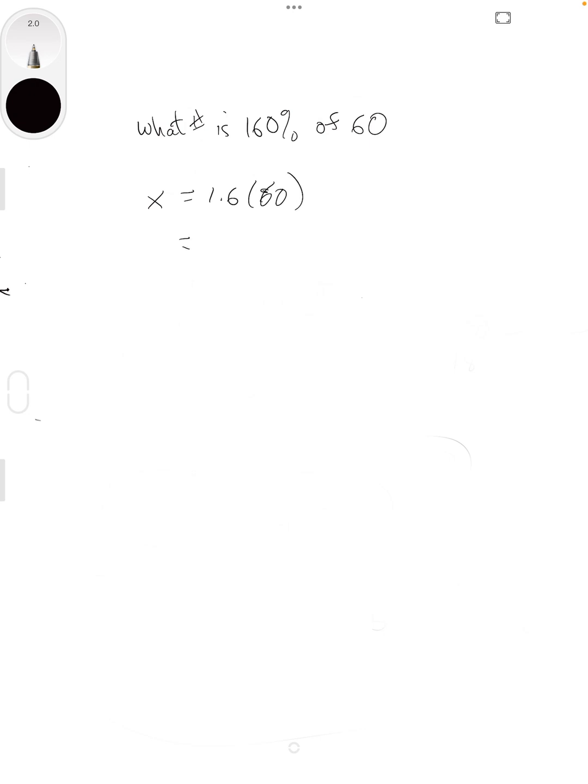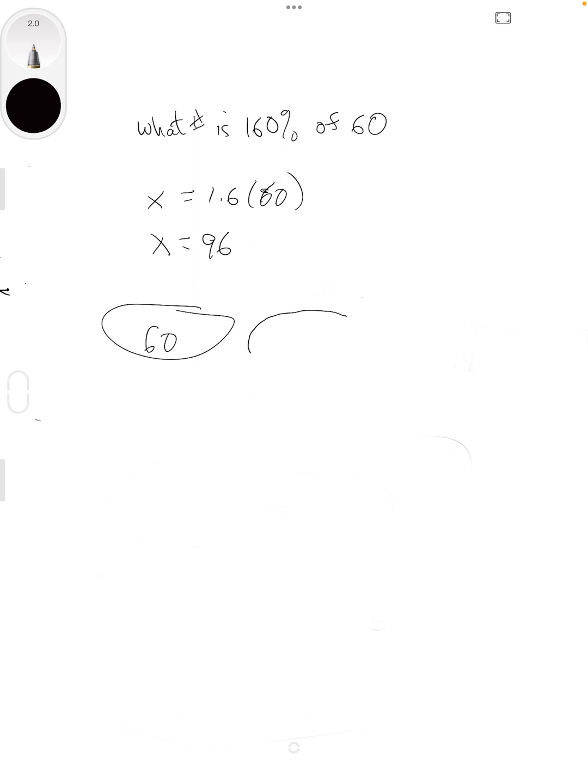So you just do the math, and you say 1.6 times 60 equals 96. Okay, and use your calculator. It's fine. And so the question is, well, what number is 160%? Well, 96 is 160%. So in drawing this, you would say, well, the whole number would be 60.